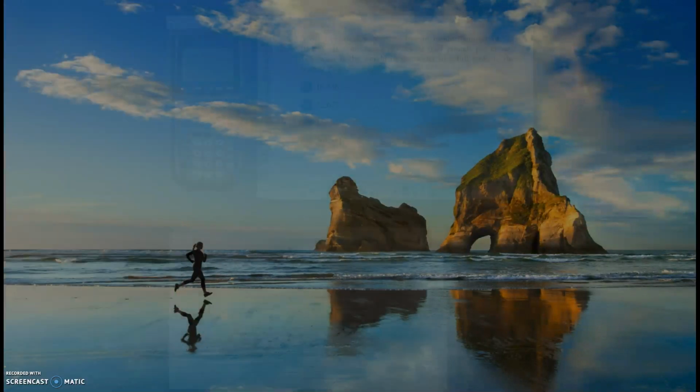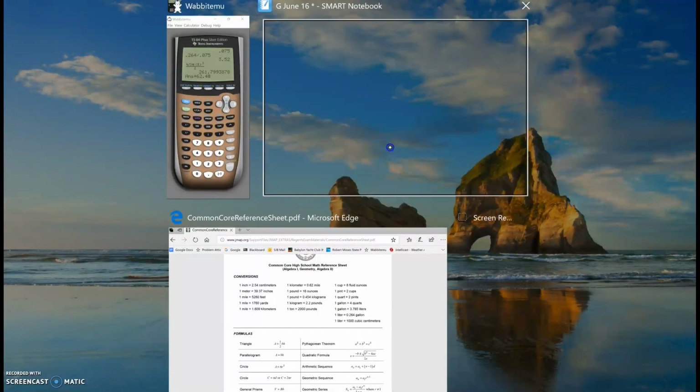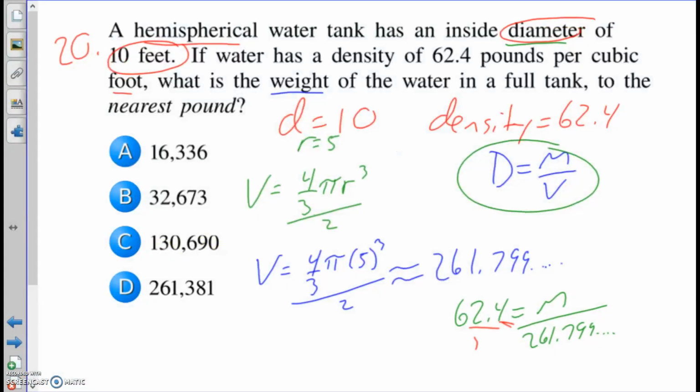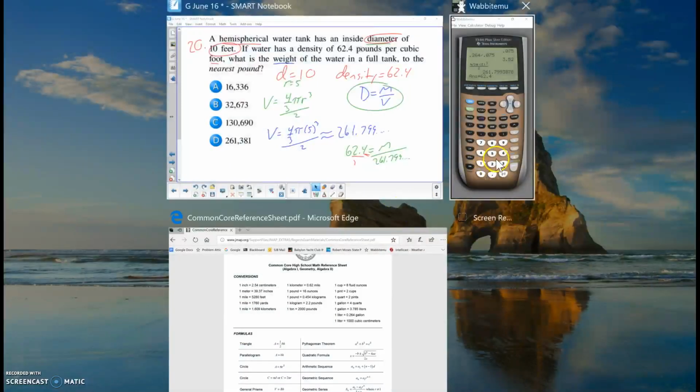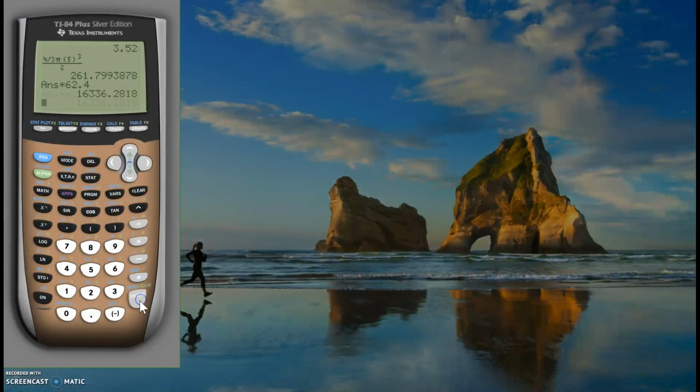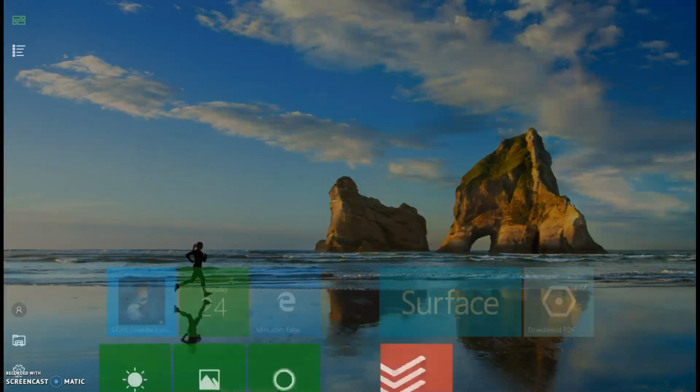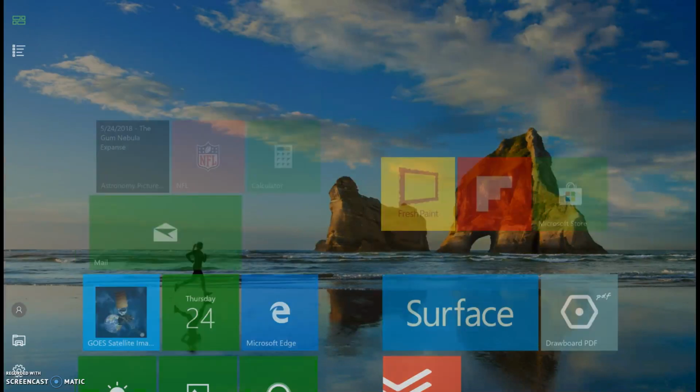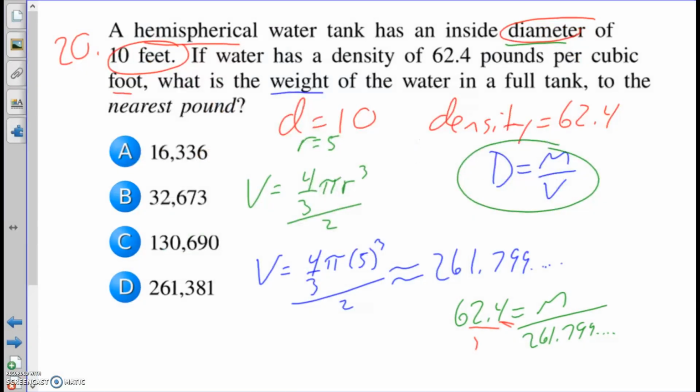Just want to double check it's 62.4. Yes. The mass is 16,336, which they are saying is the weight.